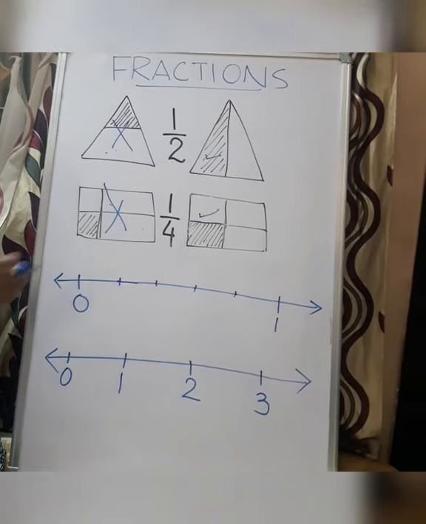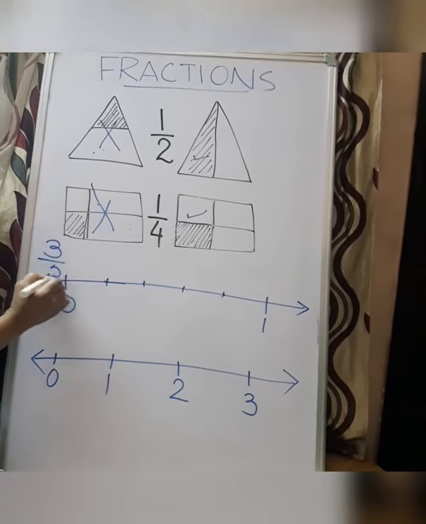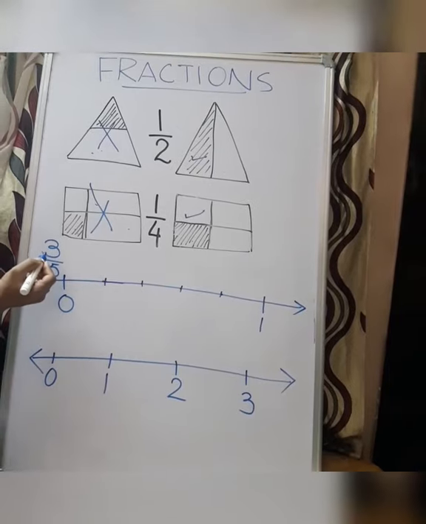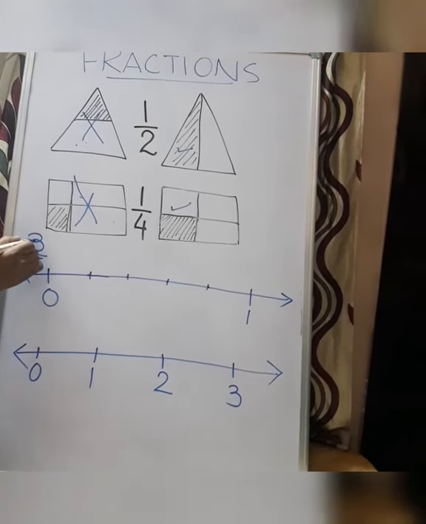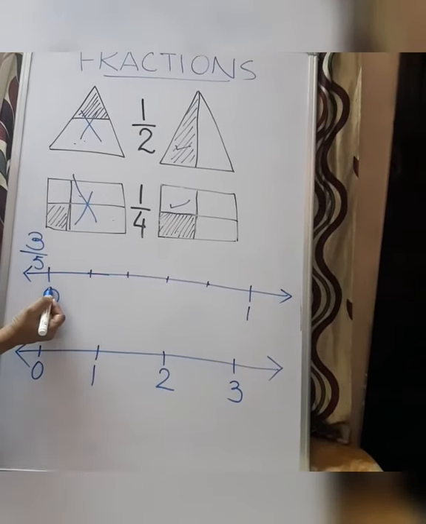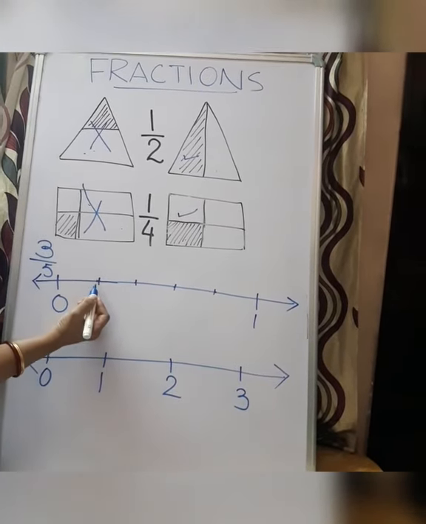Now we can represent fractions on the number line. So let's do it. We will represent 3 by 5 on a number line. 3 by 5 means one whole is divided into 5 parts, and from that 3 has to be represented. So from 0 to 1 we divide it into 5 parts.